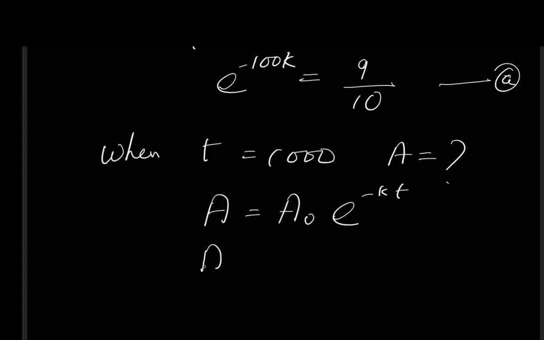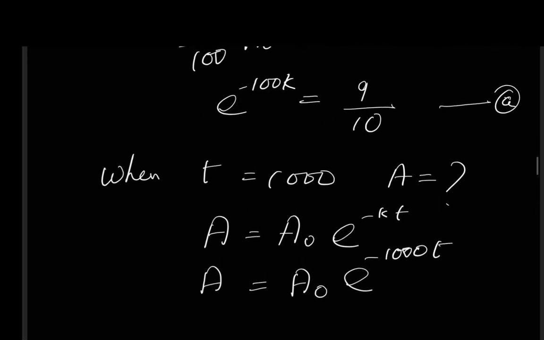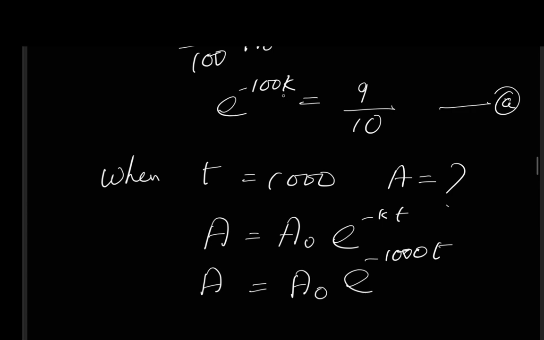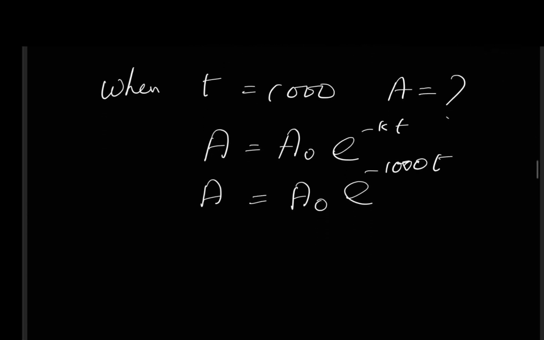So A is equal to A0 e power minus 1000K. Sorry, this is K, not t. T is 1000 we substituted.